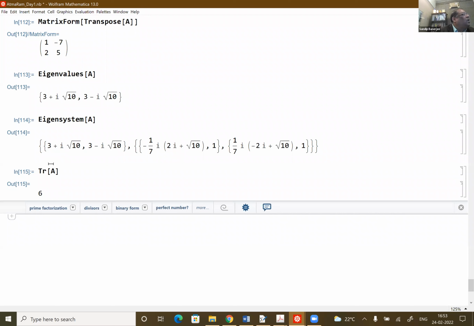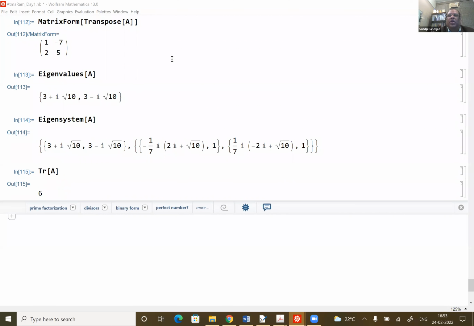Okay, and then we have characteristic polynomial. Okay, one question: how to get a matrix? Okay, Richa, what do you mean by how to get a matrix?